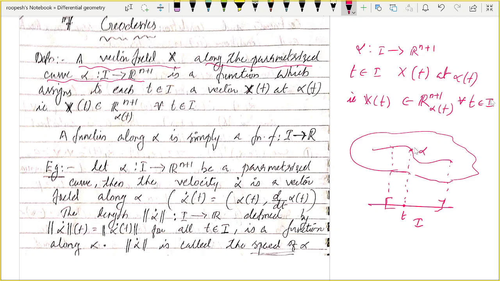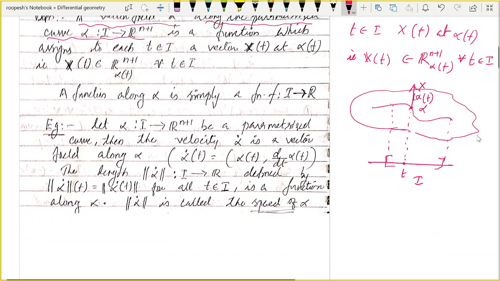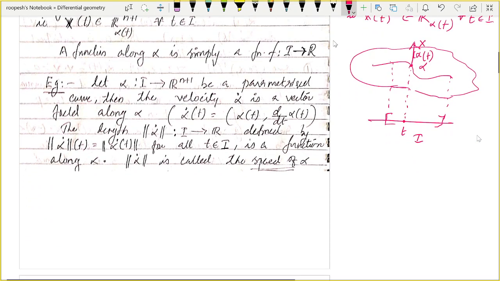Now give a vector field to this alpha of t. Then we say that it is a vector field X along alpha. Now a function along alpha simply means a function from I to R.